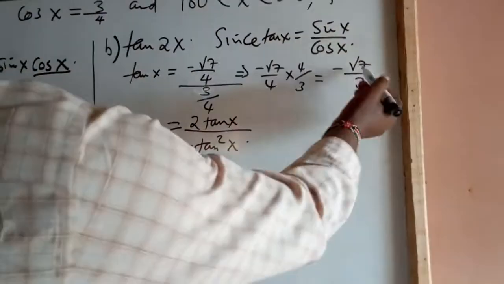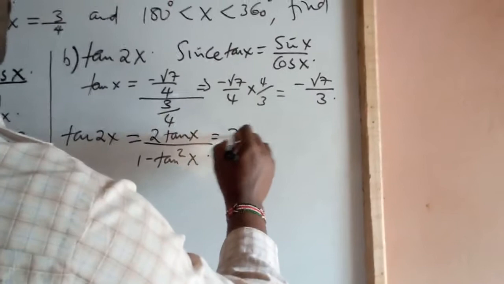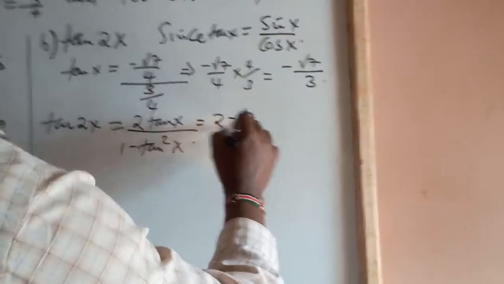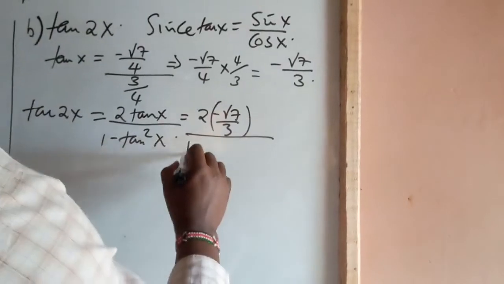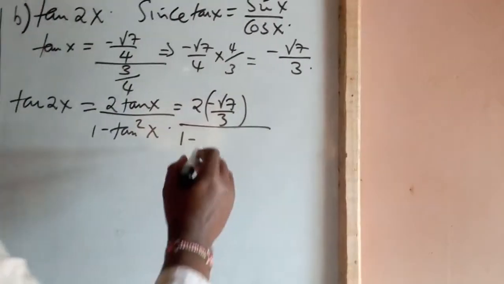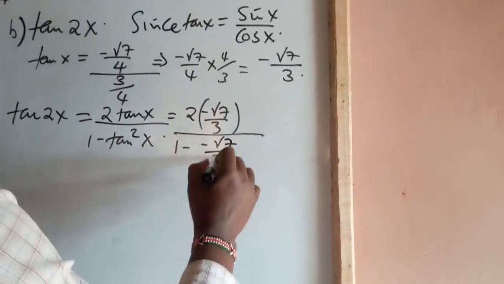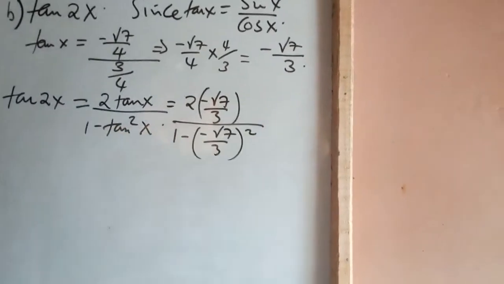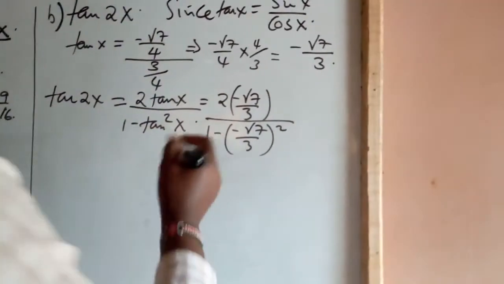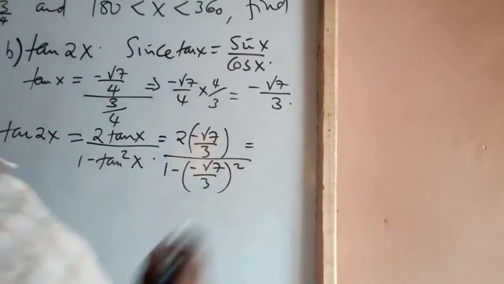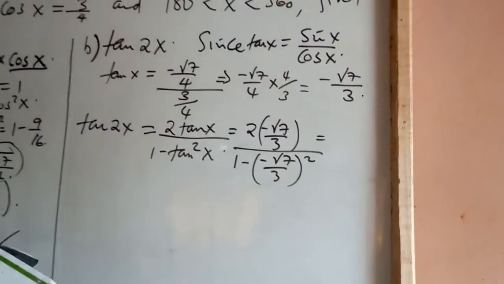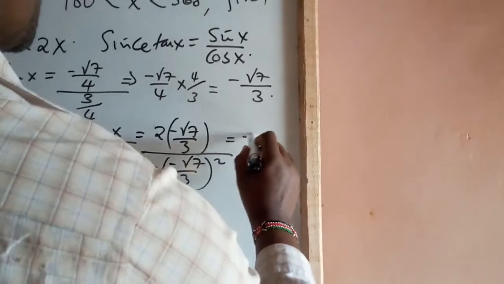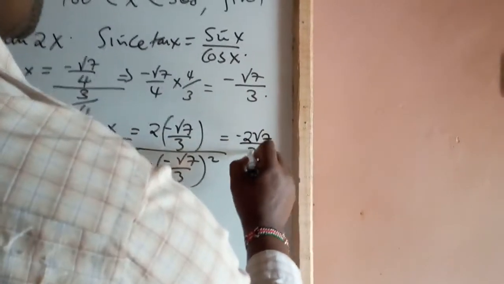And now that we have the tangent of x, this means 2 times minus root 7 over 3, all over 1 minus minus root 7 over 3 squared. The numerator gives us minus 2 root 7 over 3.